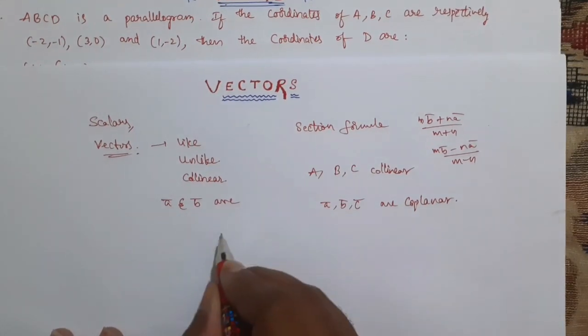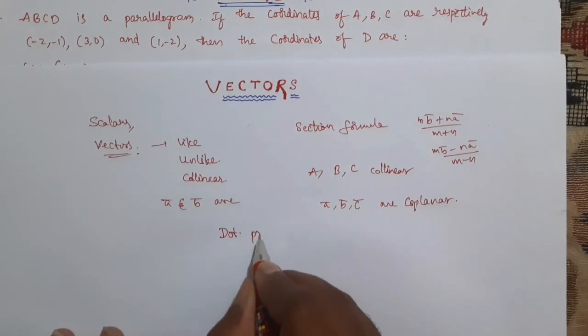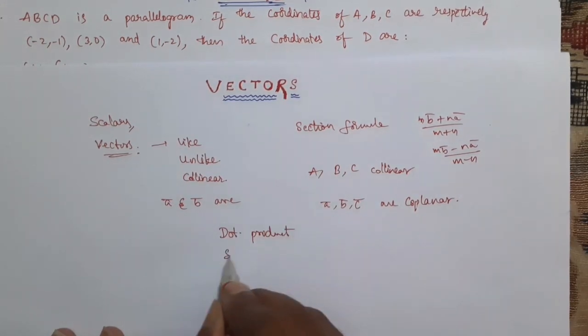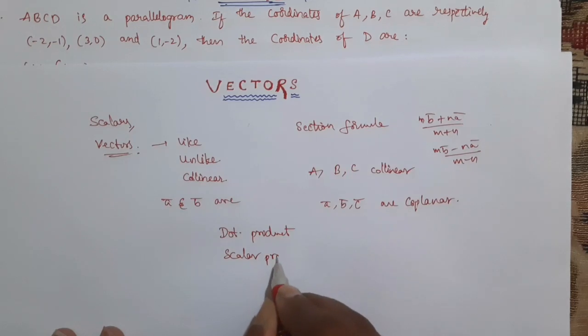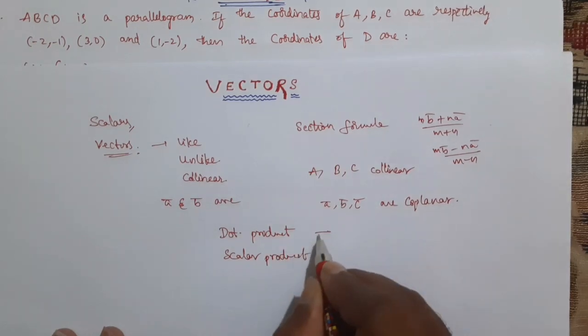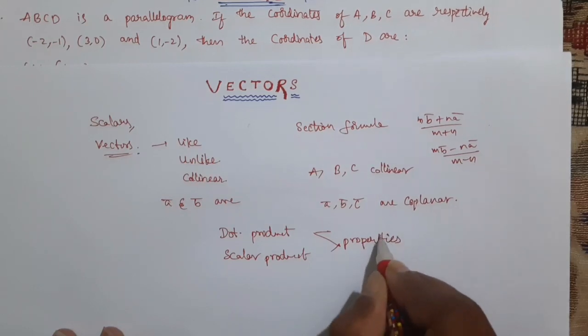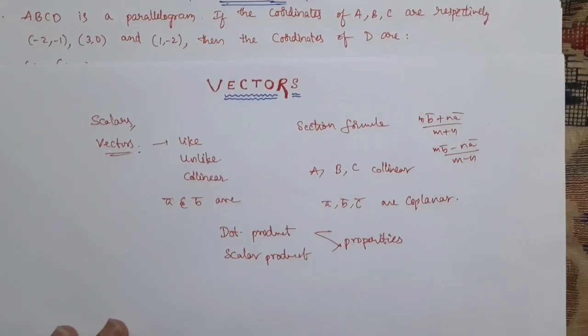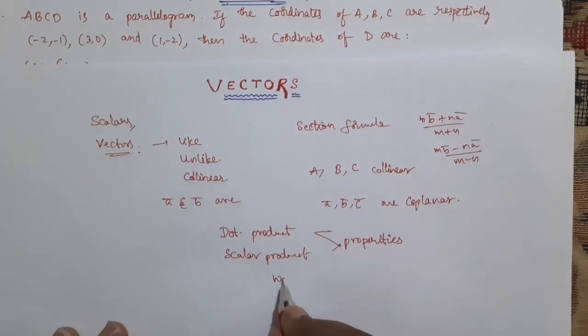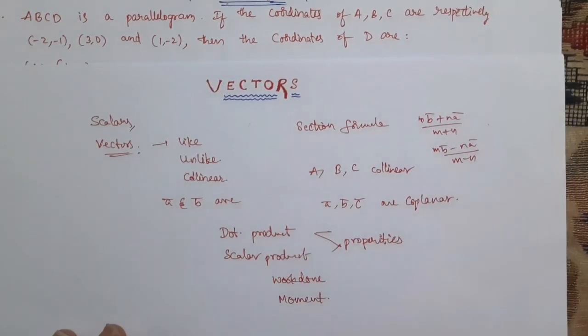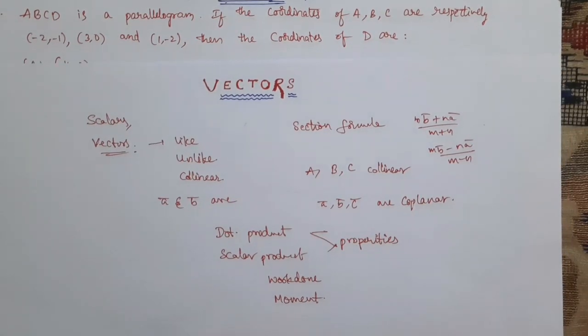Again, regarding the dot product, the scalar product and its properties, these are very important. You need to remember all those properties. And again, the work done formula and the moment formula are also mentioned in the PDF in the description.